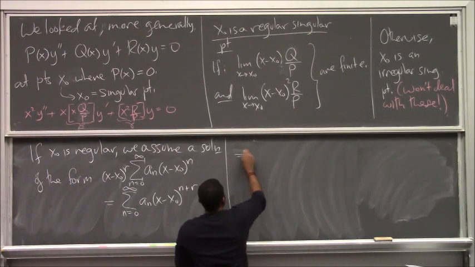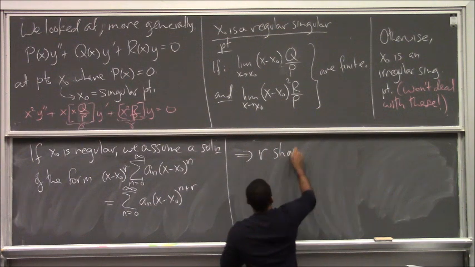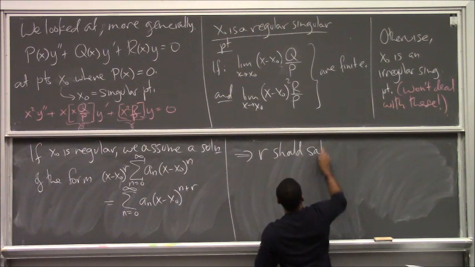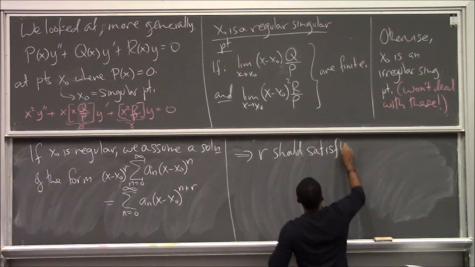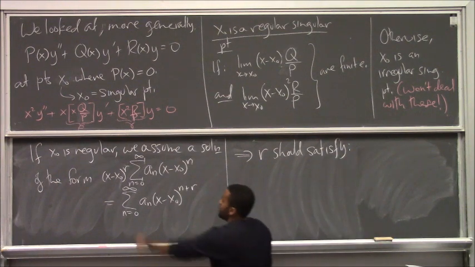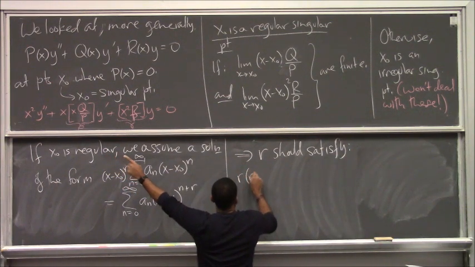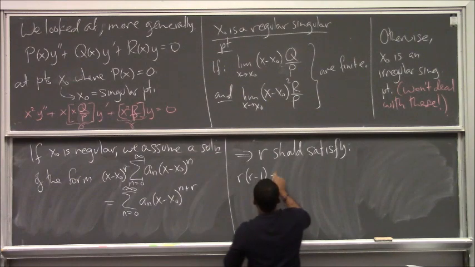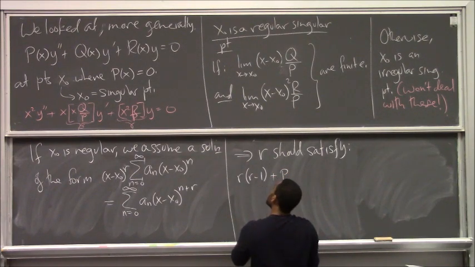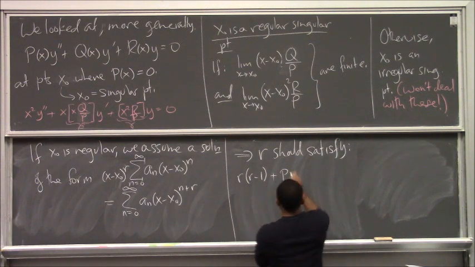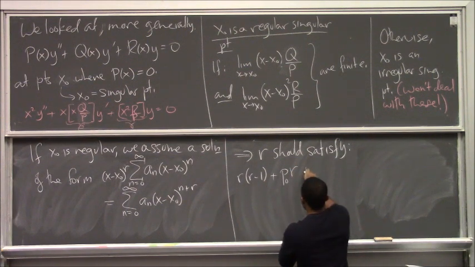So this means r should satisfy r(r minus 1) plus p naught r plus q naught equals 0.